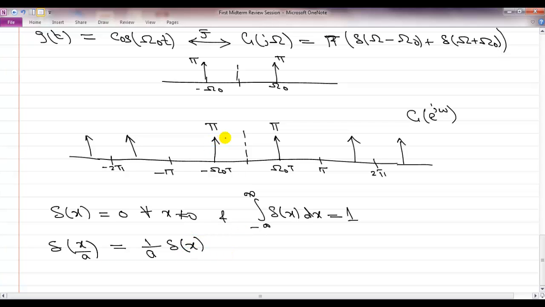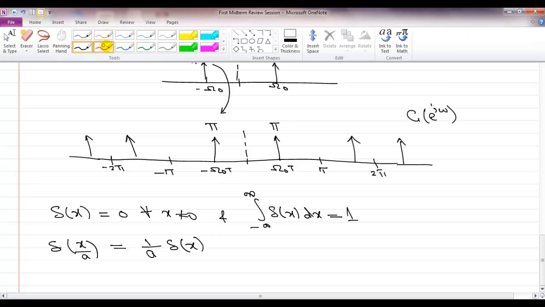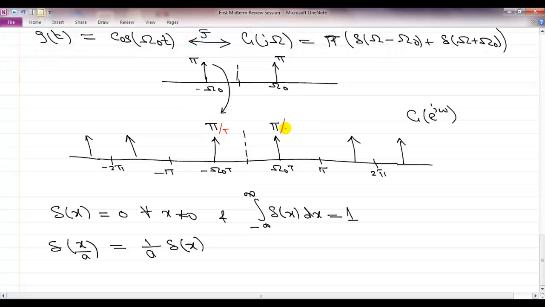So the reason there is no pi factor here is, in reality, what happens is that when you go from here to here, there is a 1 over T factor due to the scaling of the magnitude. But then you also scaled the frequency axis by T. And so you get an additional factor of T due to that scaling, which is due to this property of the impulse. Okay, so those T's cancel and you end up with the same area.